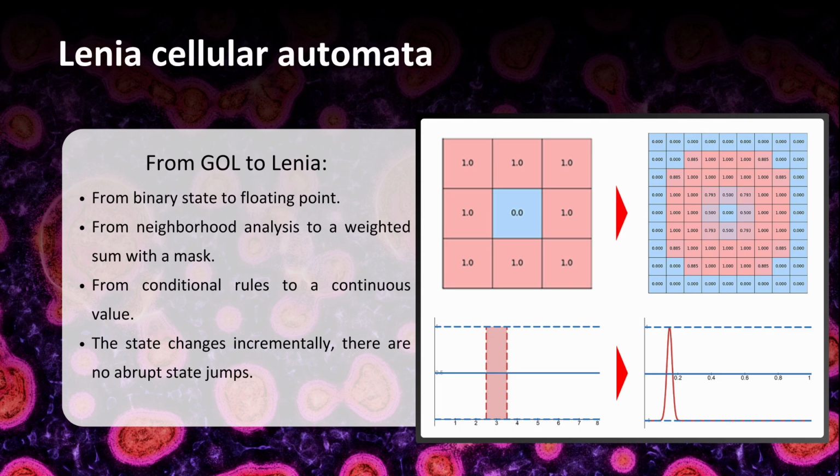The state of each cell is a floating point value and can take any value between 0 and 1. The analysis of the neighborhood becomes a convolution with a weight mask. The rules that determine the life or death of a cell become a growth function. There are no abrupt state changes, but gradual variations.